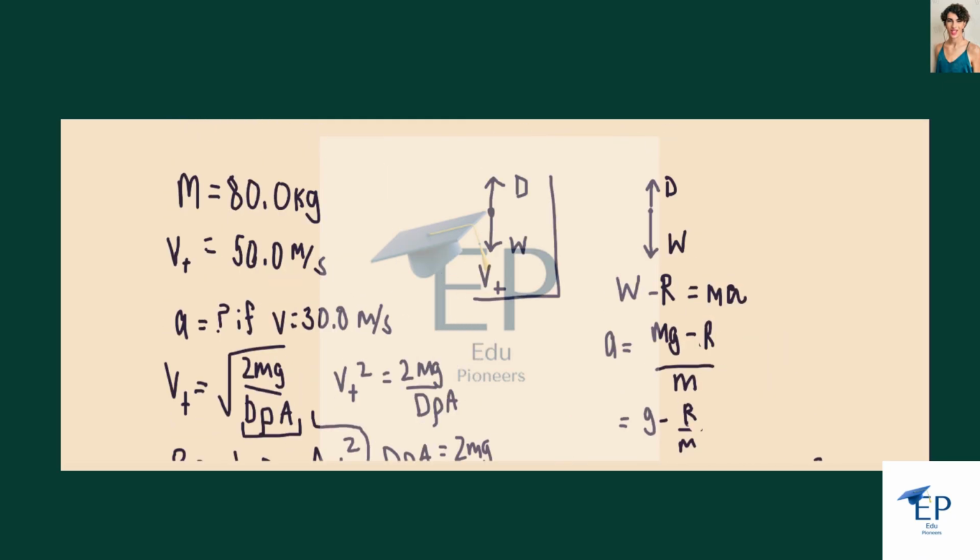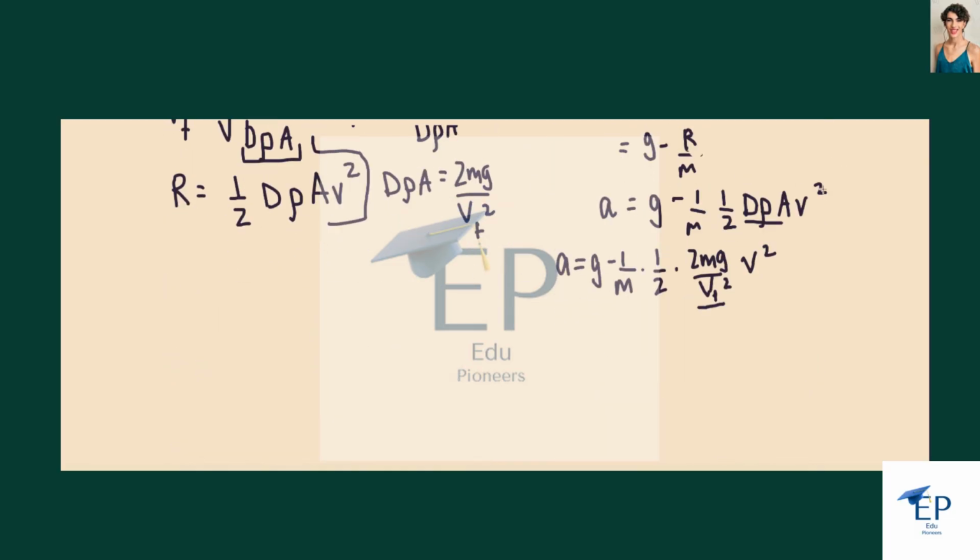In this part, v is equal to 30 meters per second. There are probably other ways to think about this. This is the way that came most intuitively to me. So the m and the 2's cancel, and we end up with the final formula that a is equal to g, factoring out a g, 1 minus v squared over v terminal squared.